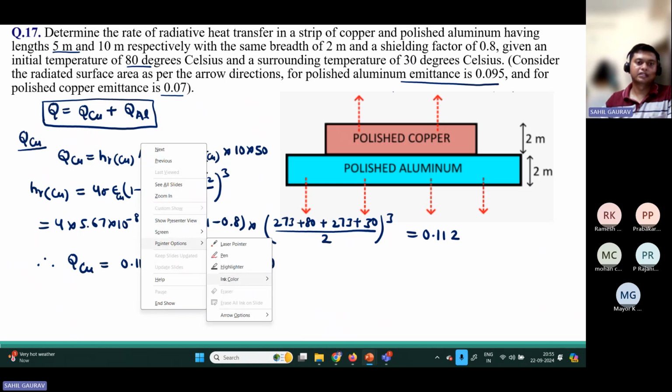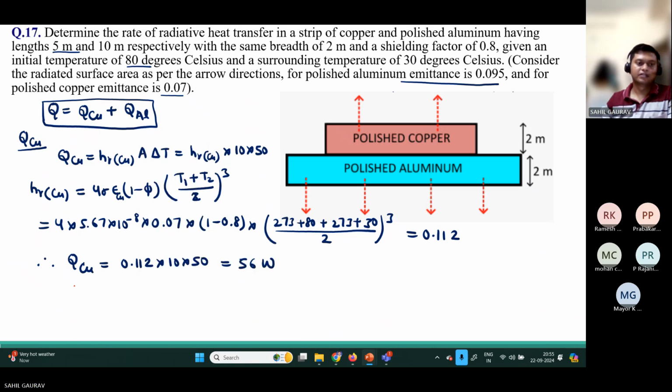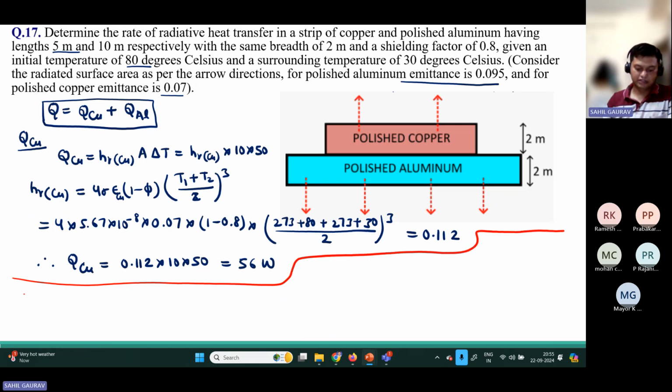So let us see Q aluminum. Heat radiation through polished aluminum will be HR aluminum, and area will be different now. Area will be 10 into 2, that is 20 meter square, and delta T will be same.